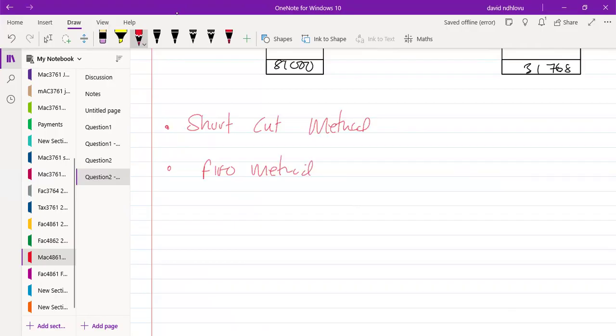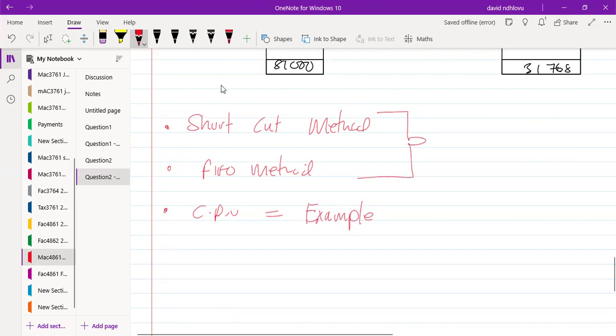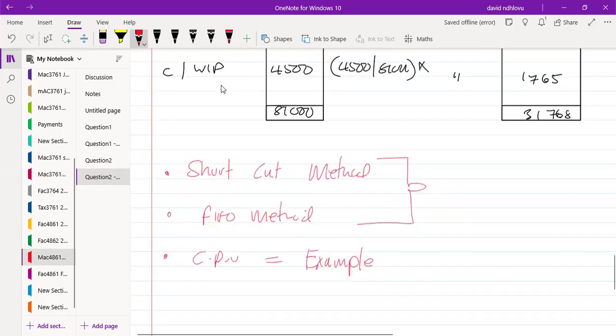We'll use the same question again so that you can follow nicely. If time permits, we want a more extensive example of cost-volume-profit analysis. That's what we are doing next week. And then after that, we jump to process costing. We do the shortcut method, and then we do the FIFO method. And we'll be done with the 2 topics.